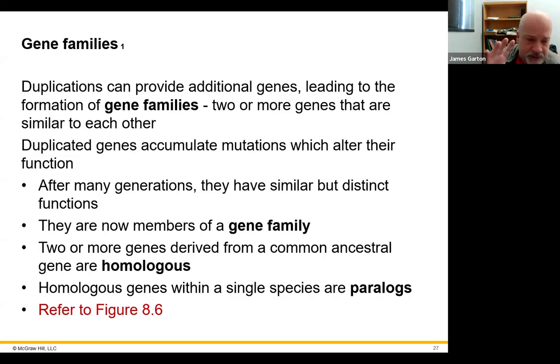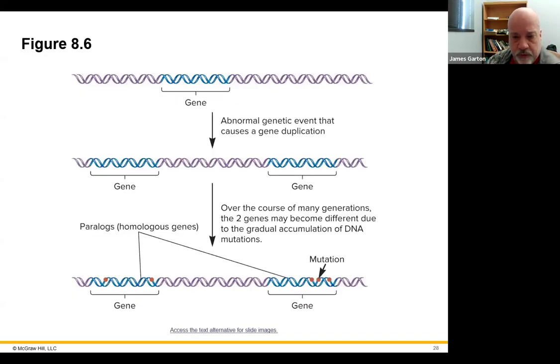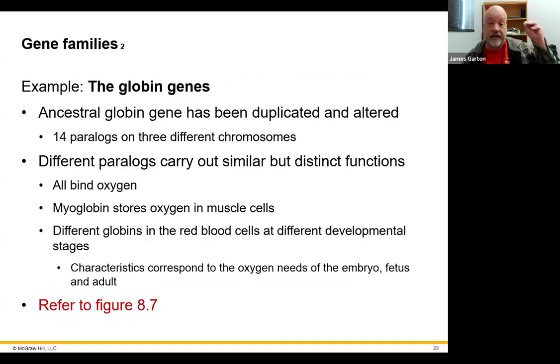Now, specifically, two or more genes derived from a common ancestor are called homologs. If you find these homologs in a single species, they are paralogs, which I always confuse, but so be it. An example, like I said, you have the globin gene family.